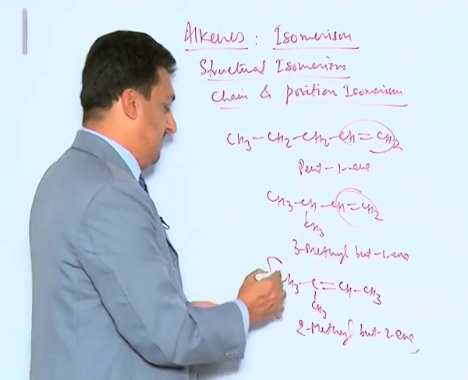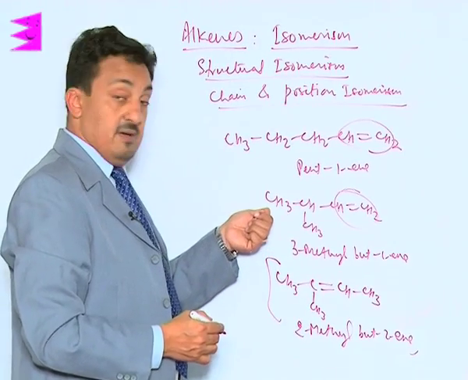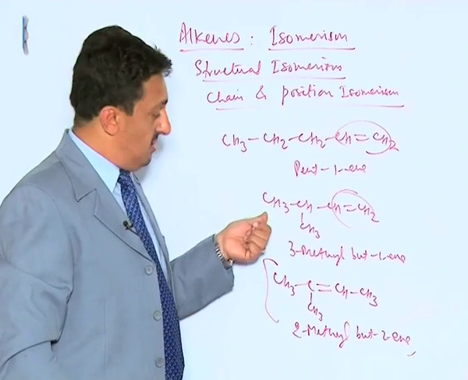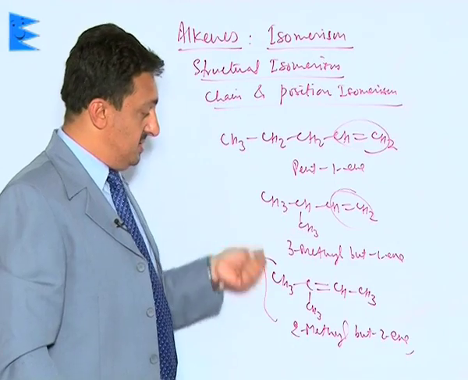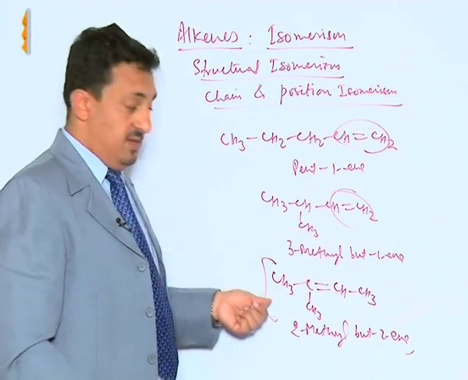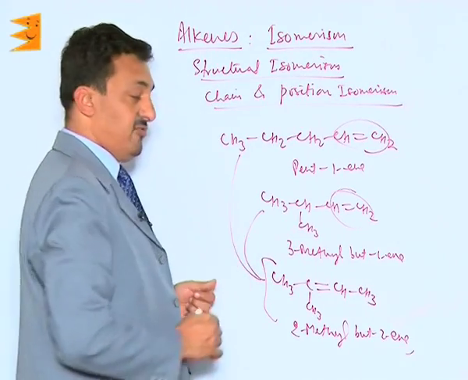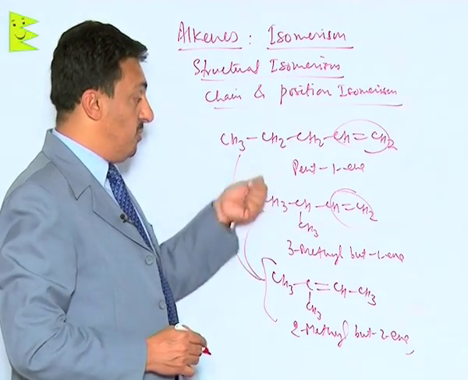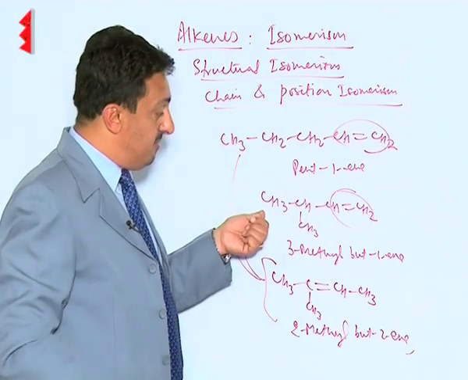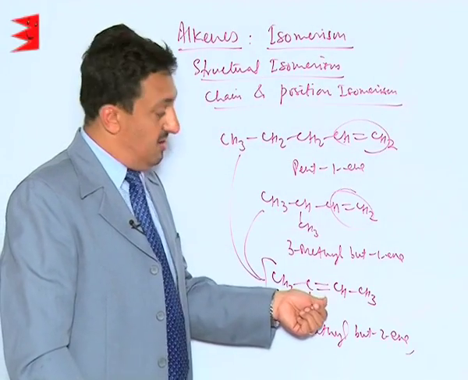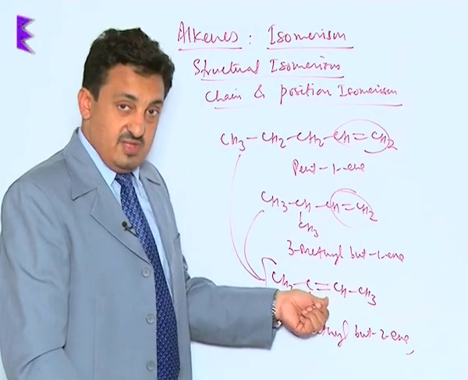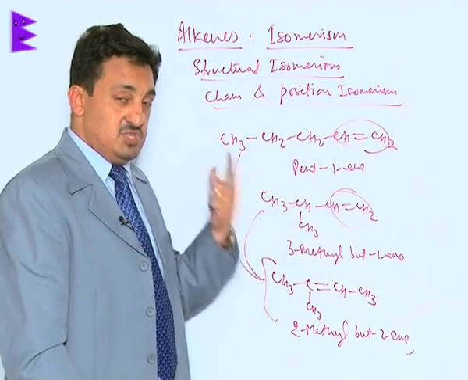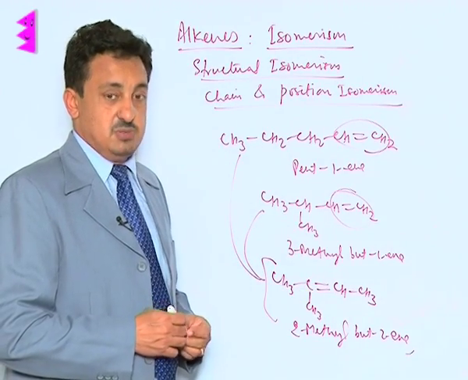So what we find is this is the position isomer of this one as well as of this one. So this one is a position isomer to both of these compounds, the reason being that the position of the double bond has been changed. Now it is at carbon number 2. That's most important. So it shows chain as well as position isomerism.